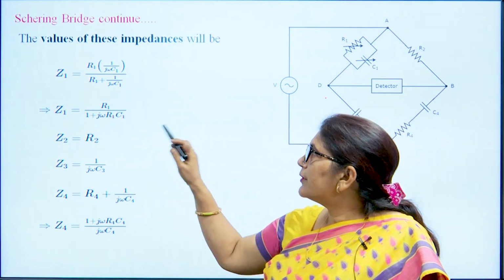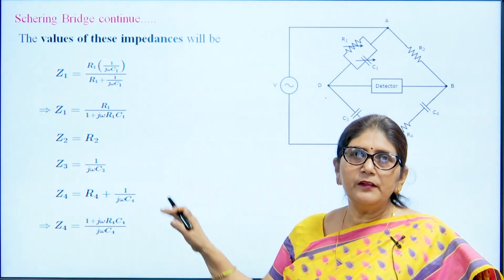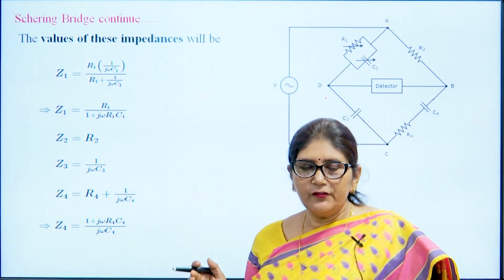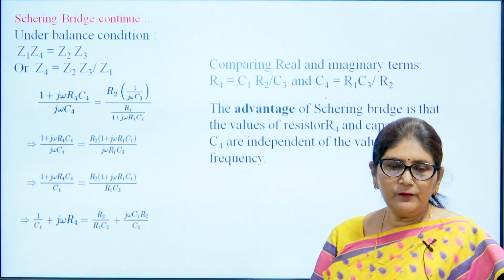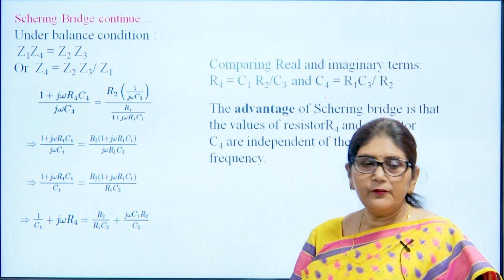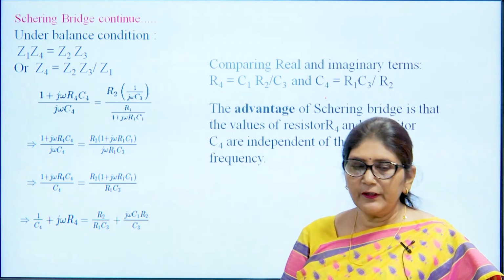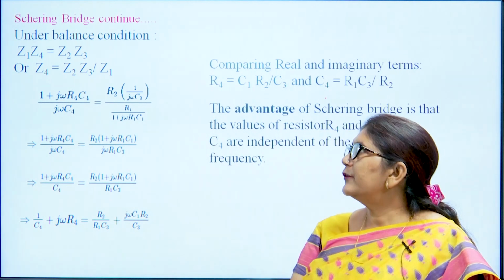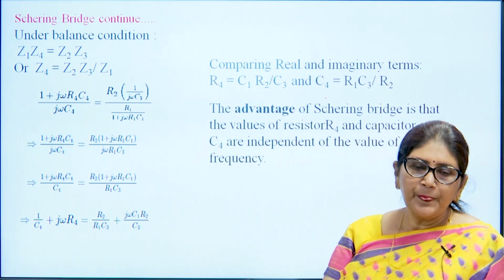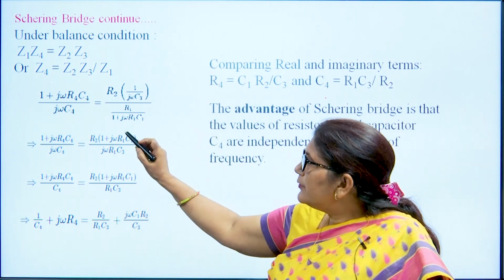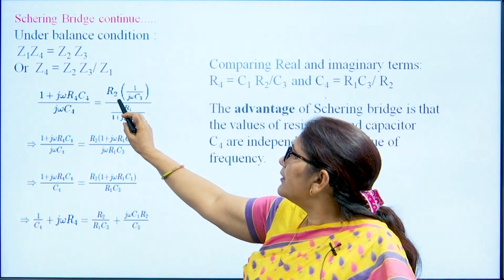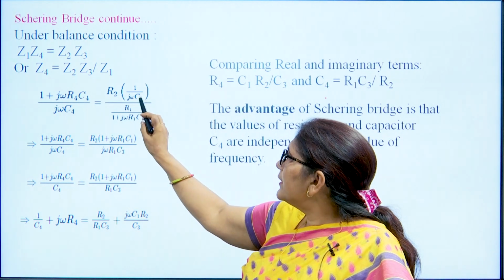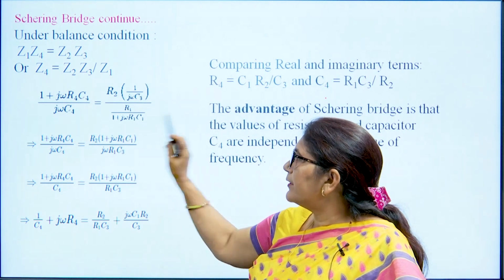Now, again we have to substitute these values in the balance condition equation. So, under balance condition, as we know, Z1 Z4 is equal to Z2 Z3. So, here Z4 is equal to Z2 Z3 by Z1. So, by substituting all values, this is the value of Z4, then this is the value of Z2 Z3 divided by Z1.